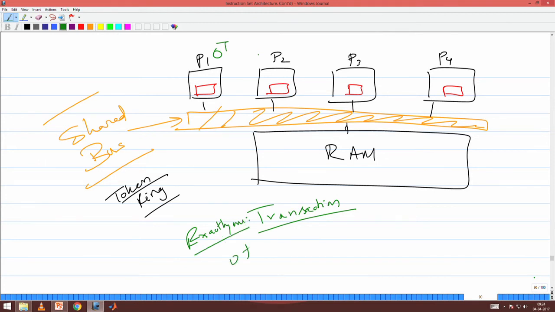The others will be doing what? Snooping. Like, what is he trying to transact? You got this? Easy, right? So at every point of time, exactly one fellow will be doing the transaction, and the others will be seeing what he is trying to transact.